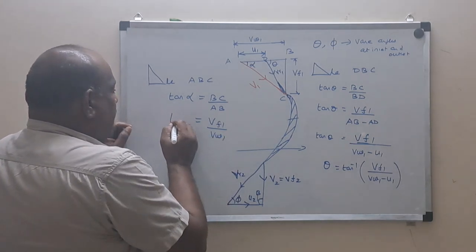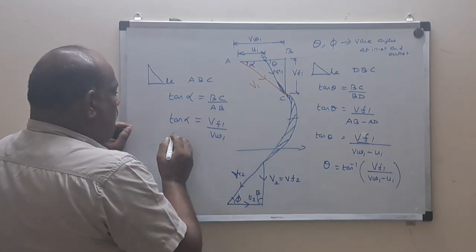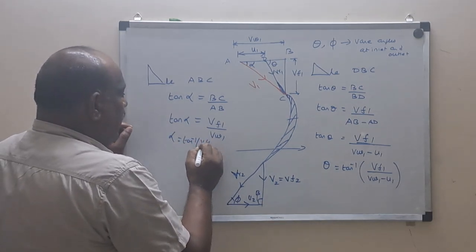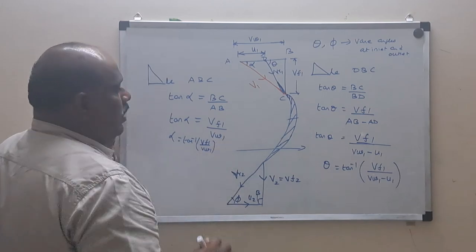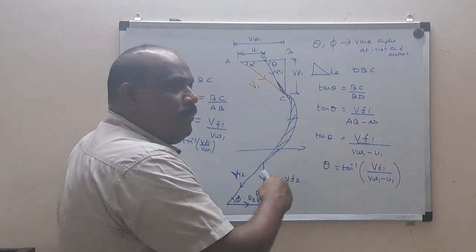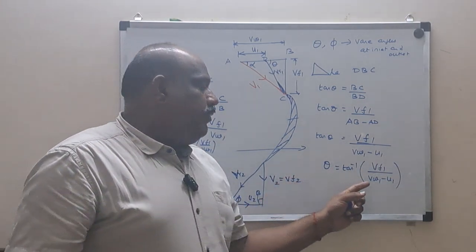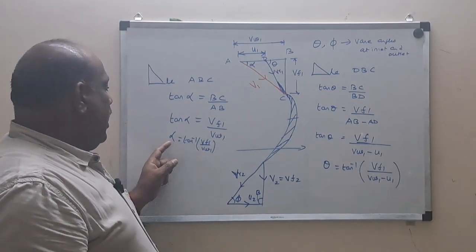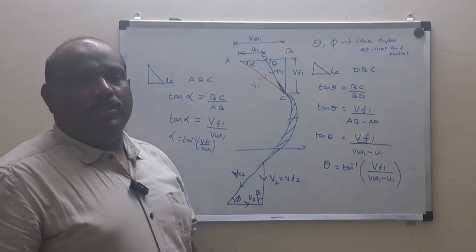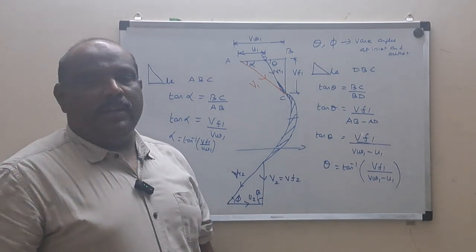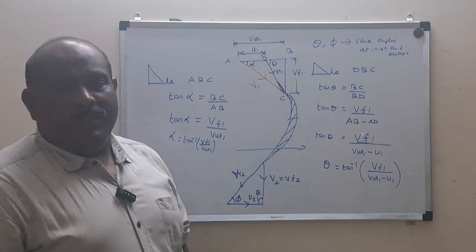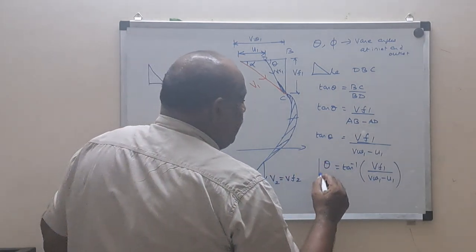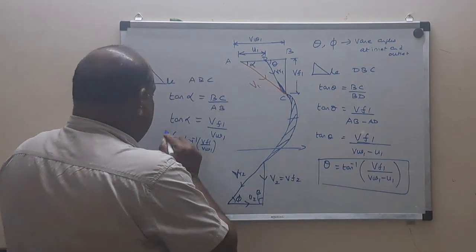So tan alpha equals VF1 by VW1, and alpha will be equal to tan inverse of VF1 by VW1. If you know any three terms, we can find the other term. If you know theta, VW1 and VF1, we can find U1. If you know VW1 and alpha, you can find VF1. If there are four variables and you know three of them, you can find the fourth one by using these relationships. So we found the formula for theta and the formula for alpha.